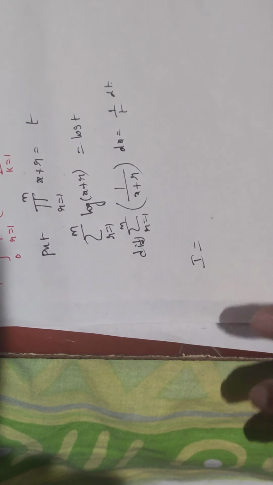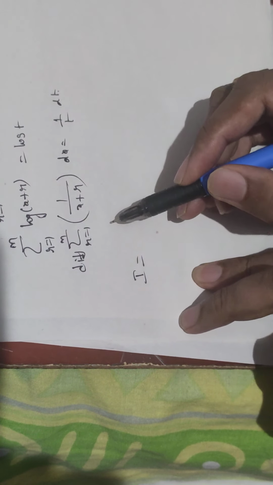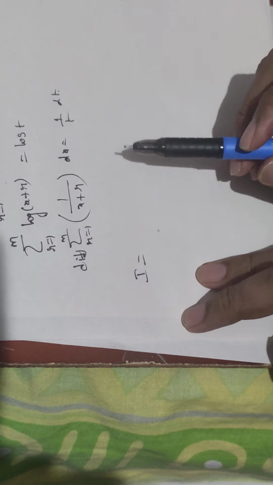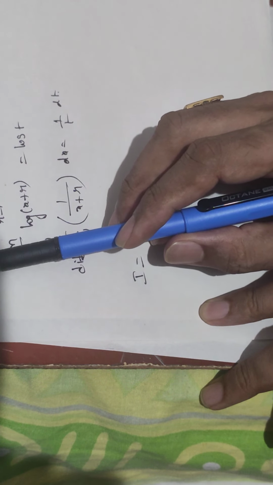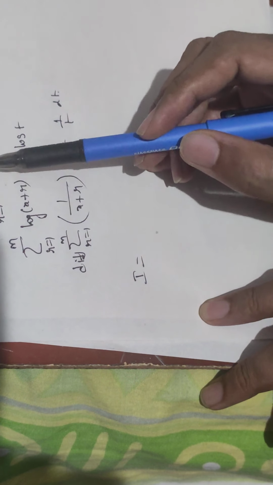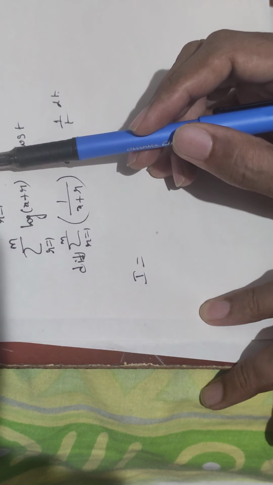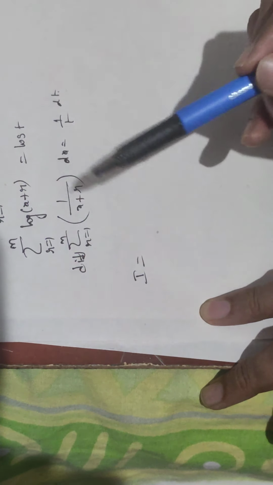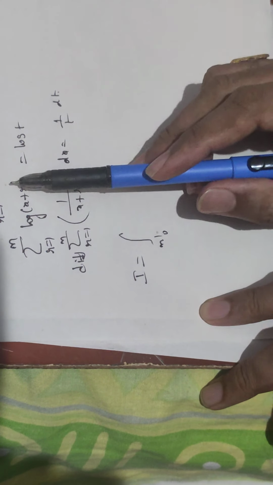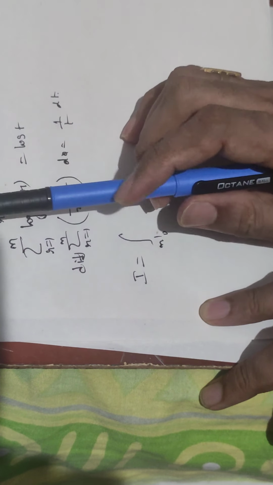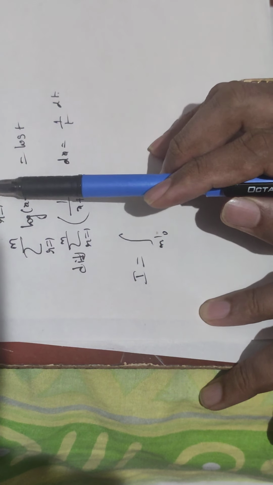The given integral I is equal to, we have to convert the limits also. For the lower limit, x value is 0, so it will be the product for r equal to 1, 2, 3, and so on up to n. That will be n factorial. When x equals 0, we get n factorial. For the upper limit, x value is 1, first 1 plus r.